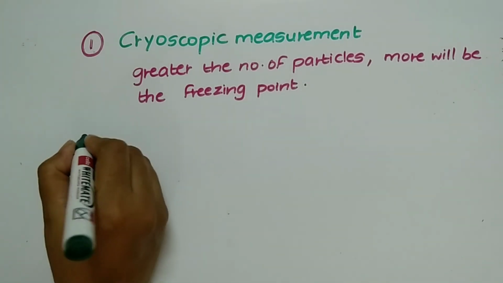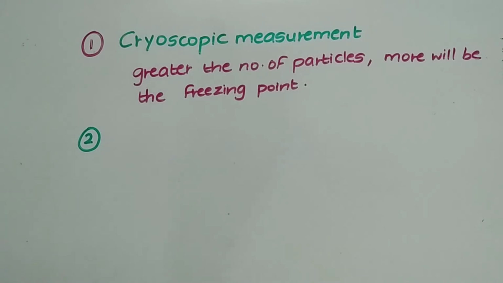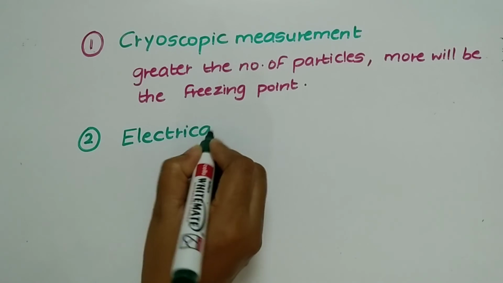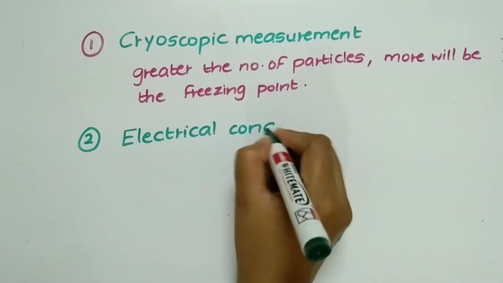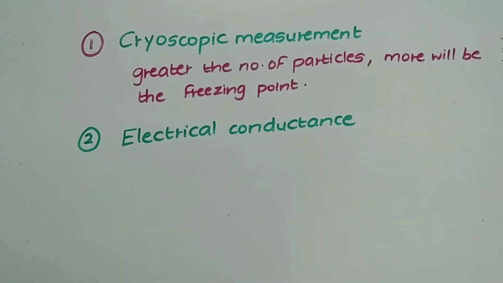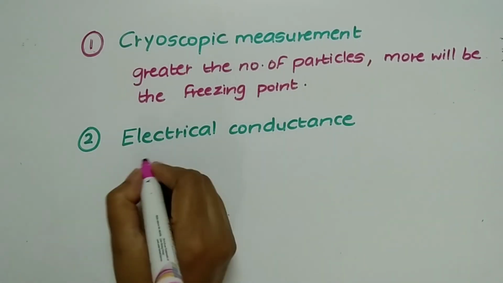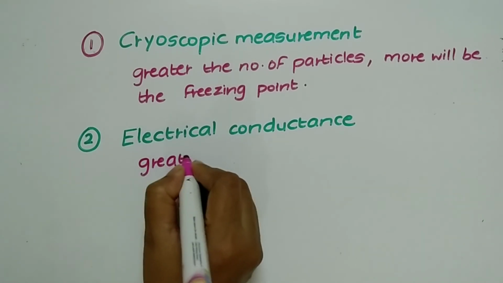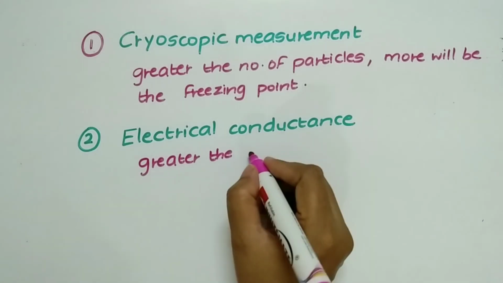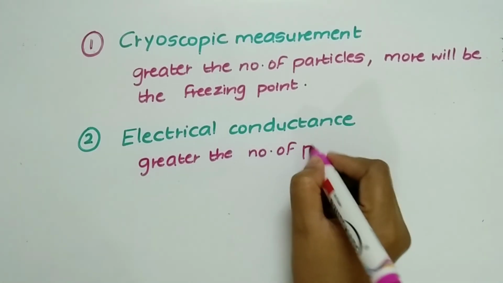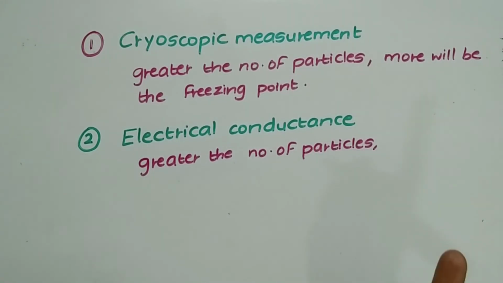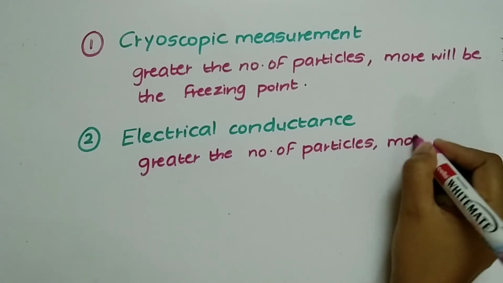The second one is electrical conductance. Again, if the number of particles is greater, many particles are there, then all the particles will start conducting, right? So, more will be the conductance.